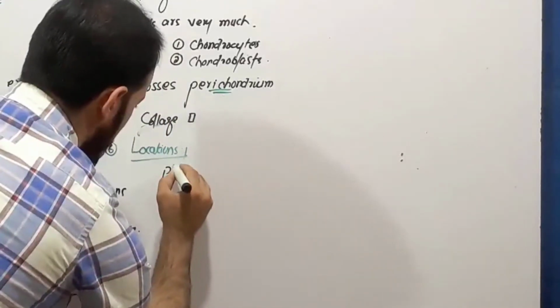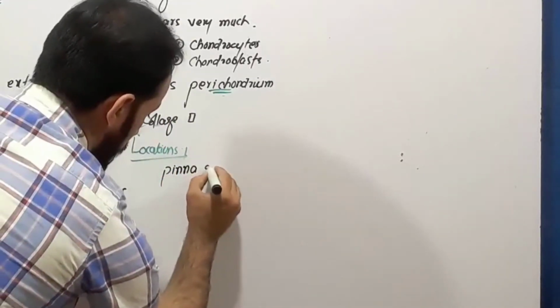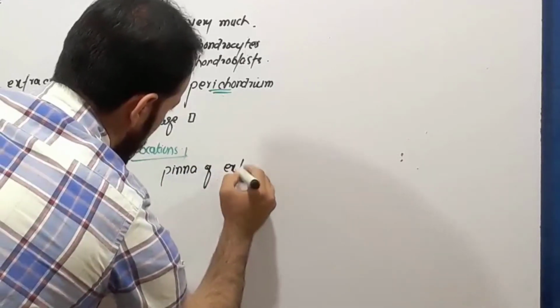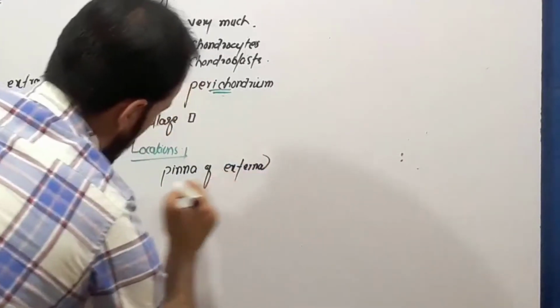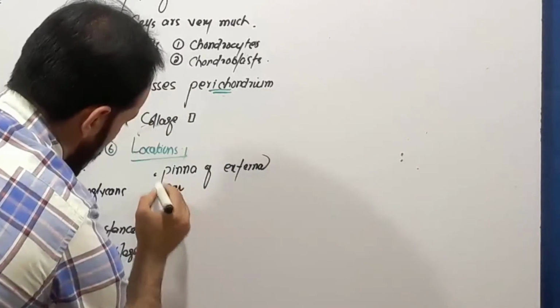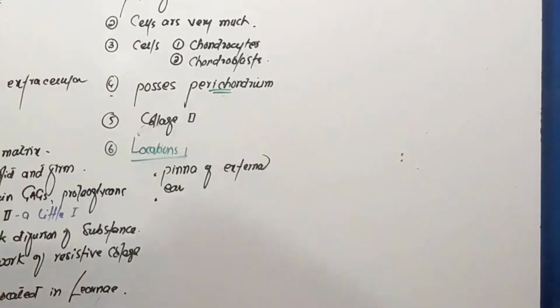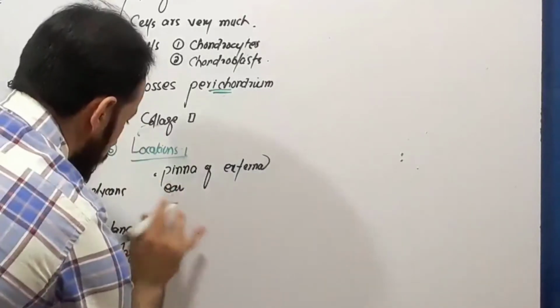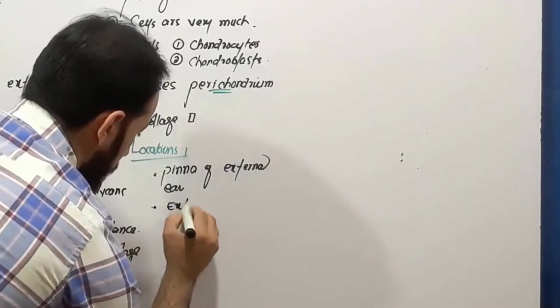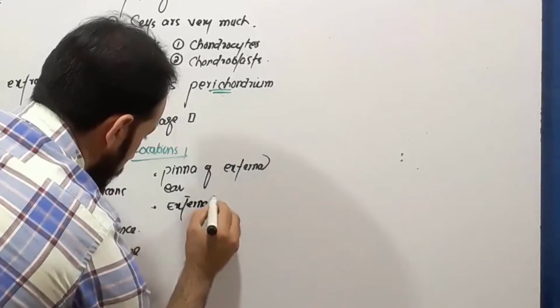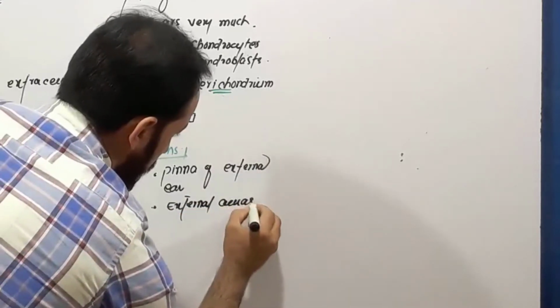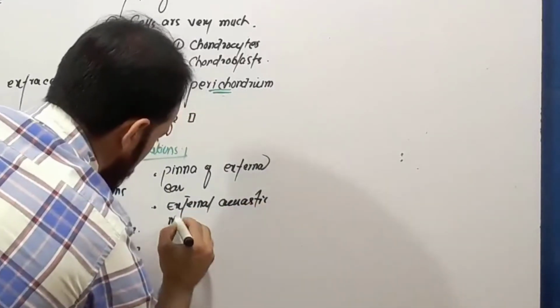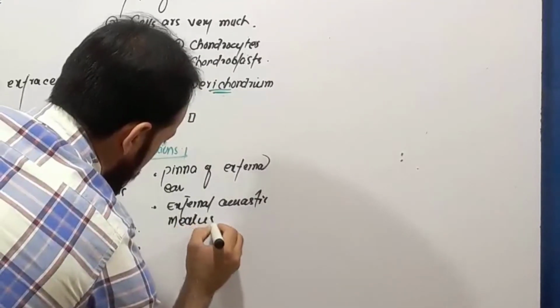I will write here pinna of external ear, the first area. Then the second area is the external acoustic meatus. Meatus means opening, acoustic means ear.